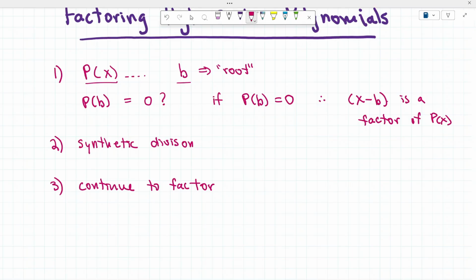Finally, at the end we should end up with a quadratic, which you no longer need synthetic division for, because you can use the other factoring tricks that we know for polynomials. Okay, that was just a mini pre-lesson.